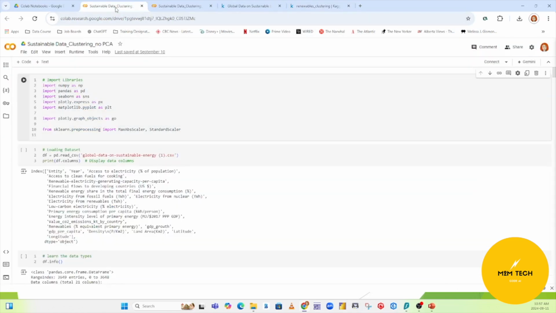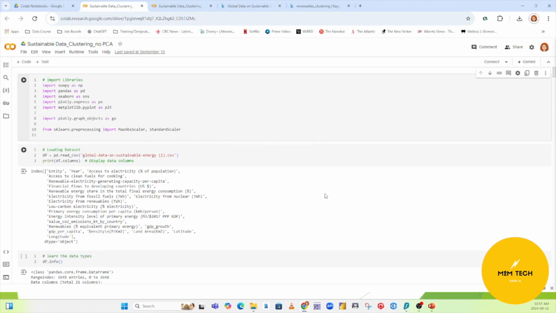So first things first, I did create two Google Colab notebooks for this project. One does not contain the PCA modeling, and the other one does contain the PCA modeling. The loading and cleanup of the data in both notebooks is exactly the same.